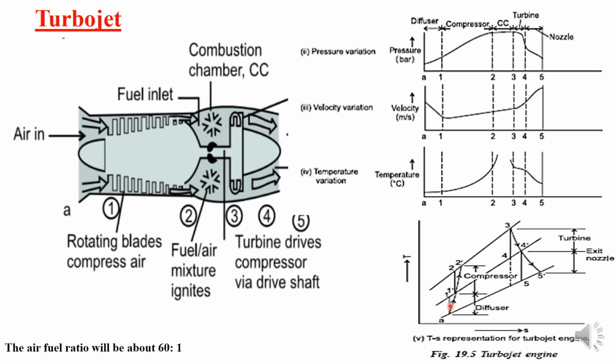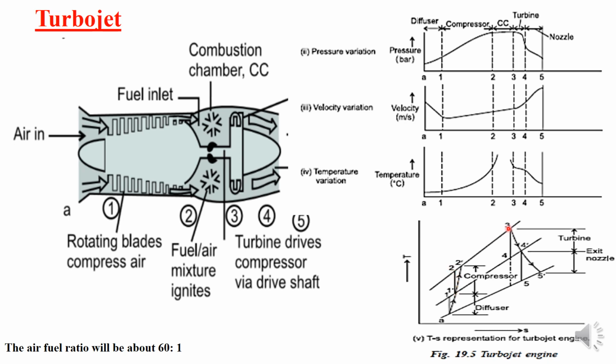Okay, from 1 it is going to 2, that is your isentropic process actually, but actually there won't be an isentropic process. So 1 to 2 represents your compression process. The pressure will be raised, temperature also will rise, for the desired pressure.